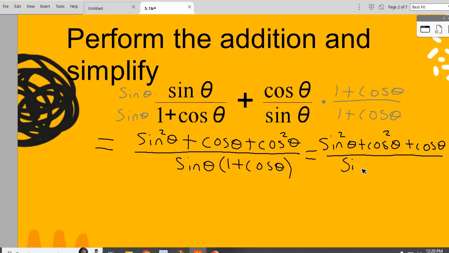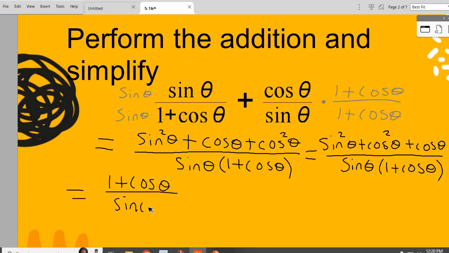So now, what is sine squared plus cosine squared? One. Using our what? The Pythagorean identity. So notice now we have 1 plus cosine of theta divided by sine of theta times 1 plus cosine of theta.